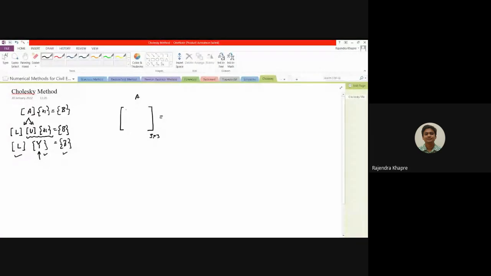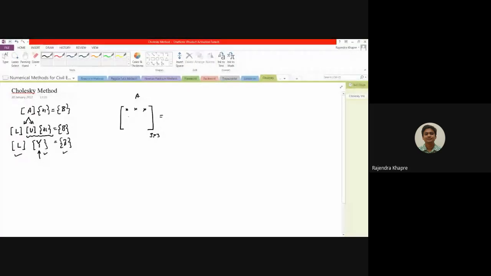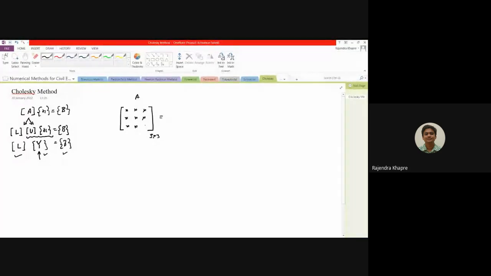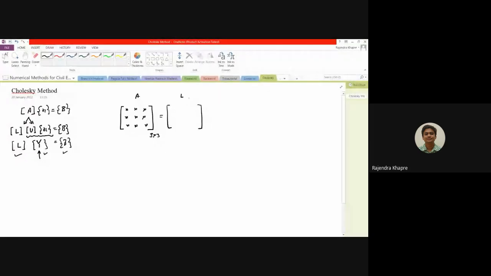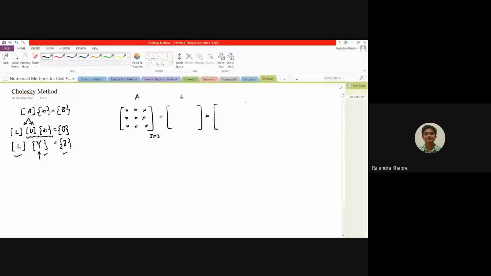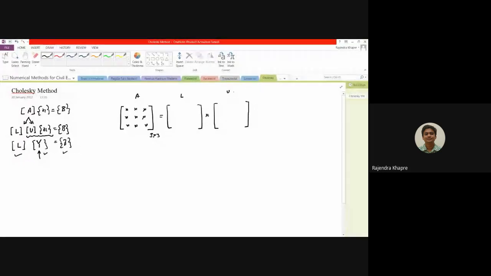It is a 3 by 3 matrix, so there will be 9 values. It is basically a product of a lower triangular matrix multiplied by an upper triangular matrix.